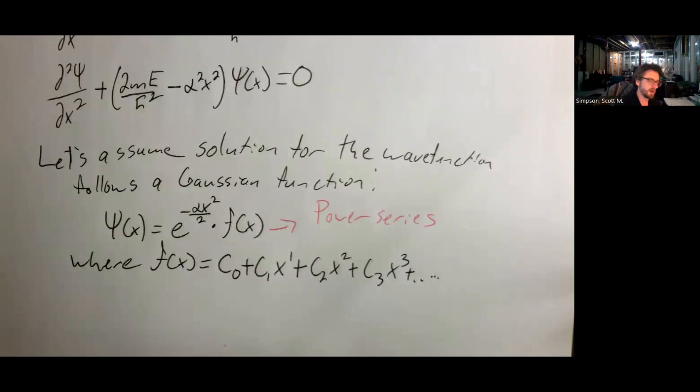Okay. So now we have a trial wave function. We don't know if this actually works. So what are things that wave functions have to be? Well, we know from the postulates of quantum mechanics that wave functions must have a single value at any point, or at least in the range it's been normalized. We know that the wave function has to be continuous. That also means its derivative and its second derivative must also be continuous.